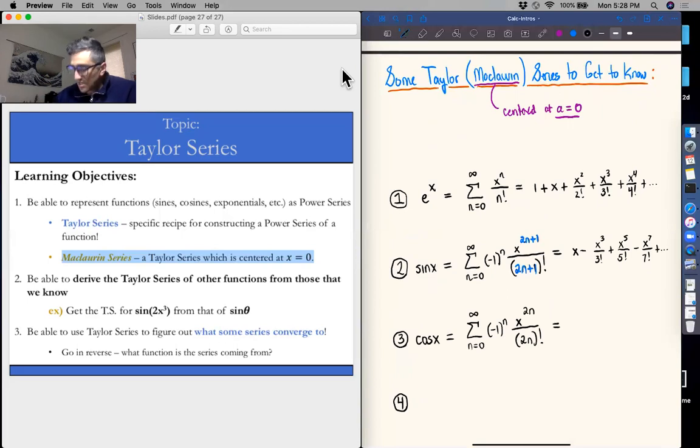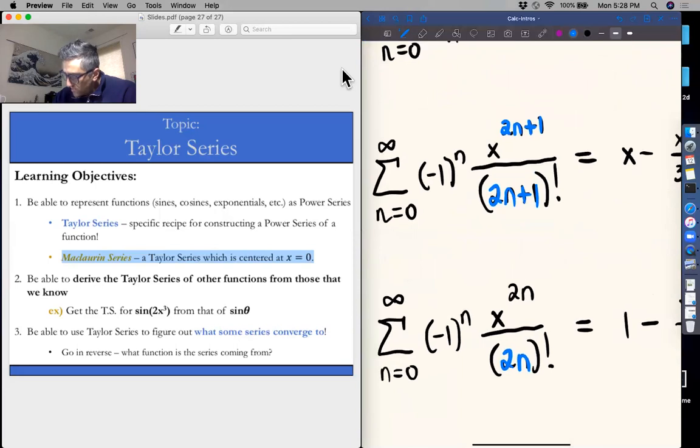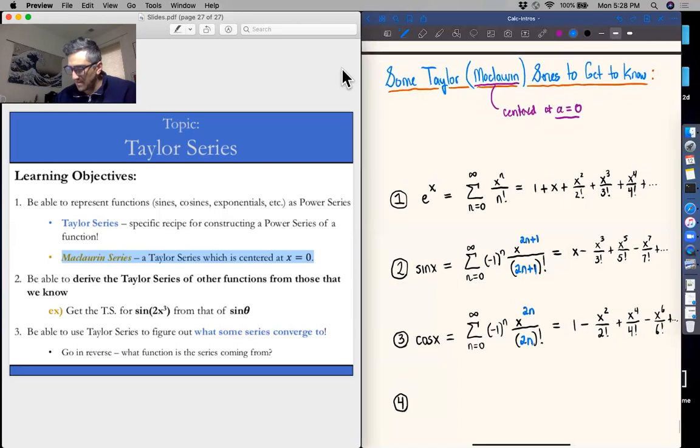And the first couple terms of the cosine series look like 1 minus x squared over 2 factorial plus x to the 4th over 4 factorial minus x to the 6th over 6 factorial. So cosine has all of those even terms. Again, that's coming from the fact that we have this even number factorial in the denominator, and we're also raising x to an even power. 2 times any number will always be even.